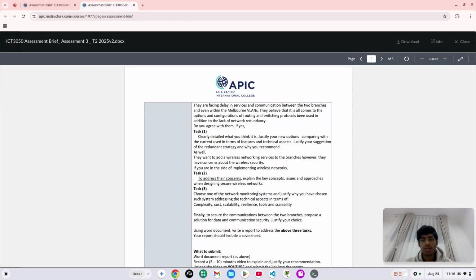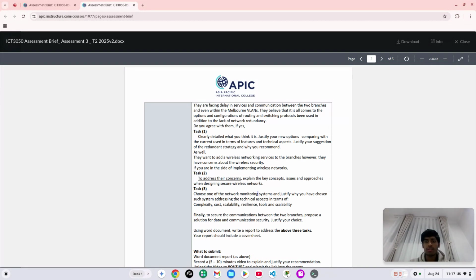IPsec is an important and globally recognized protocol which adds encryption and authentication to make the data secure. We recommend the use of the IPsec VPN.